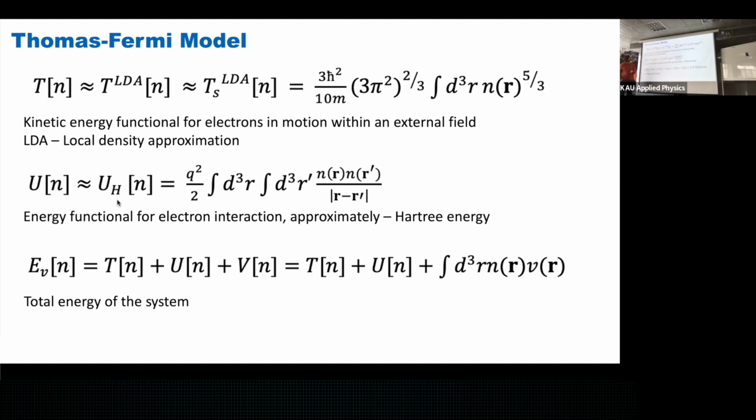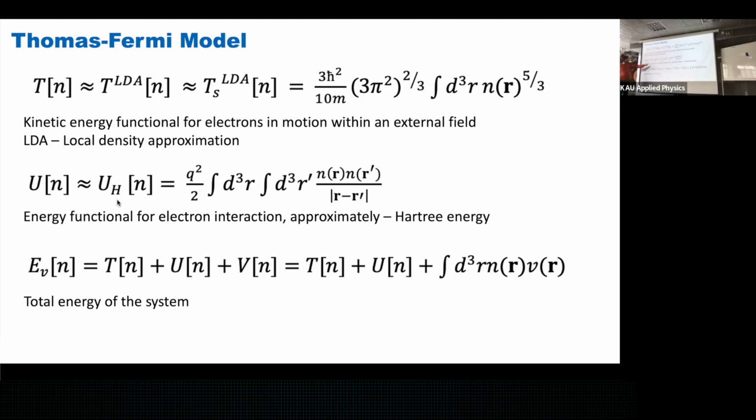That's why it's called local density approximation. If we make this assumption for electron gas, this all works only with electron gas, we will have this equation. This integral is the kinetic energy of electrons in a homogeneous electron gas. Homogeneous because in each point we have the same density.